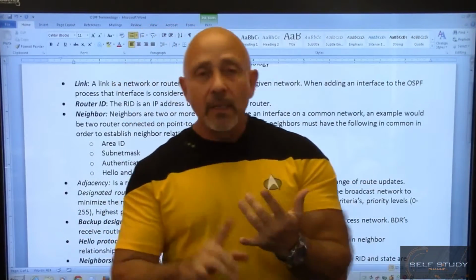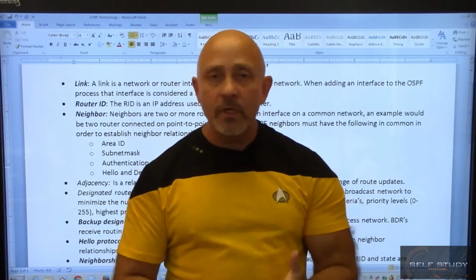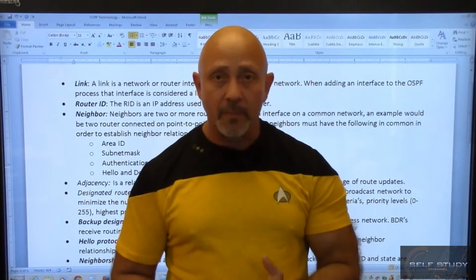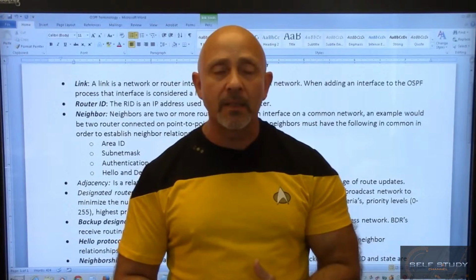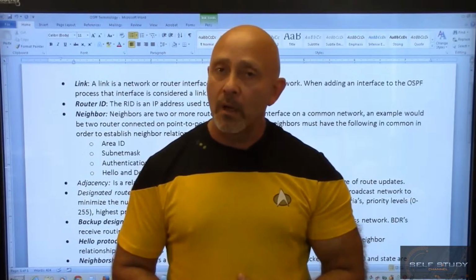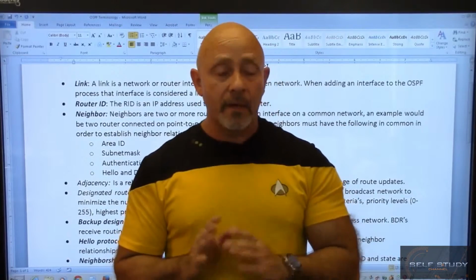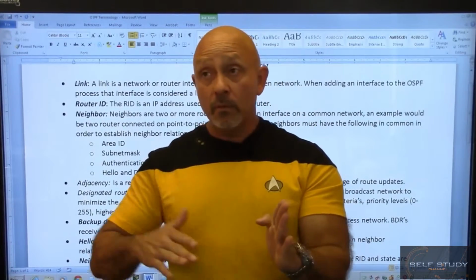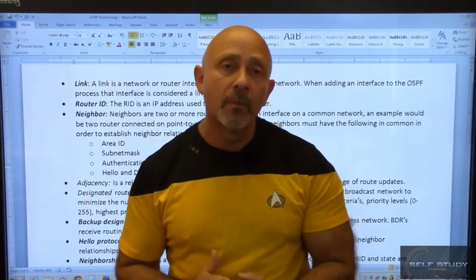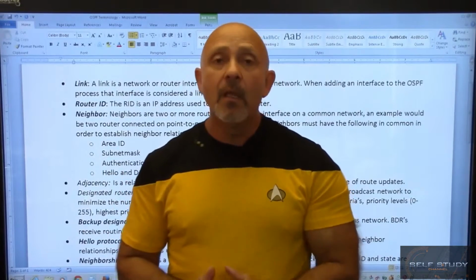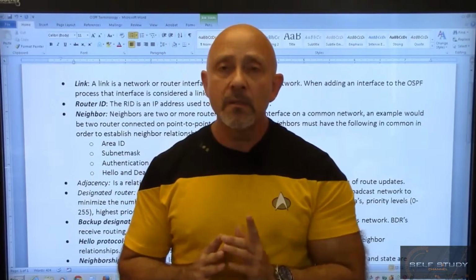Remember, it's a link state routing protocol. There is no auto summary command because it doesn't summarize automatically. We will be putting in wildcard masks. It is based on areas. Areas can go from 0 to 4.2 billion, but we're concerned with just one single area.